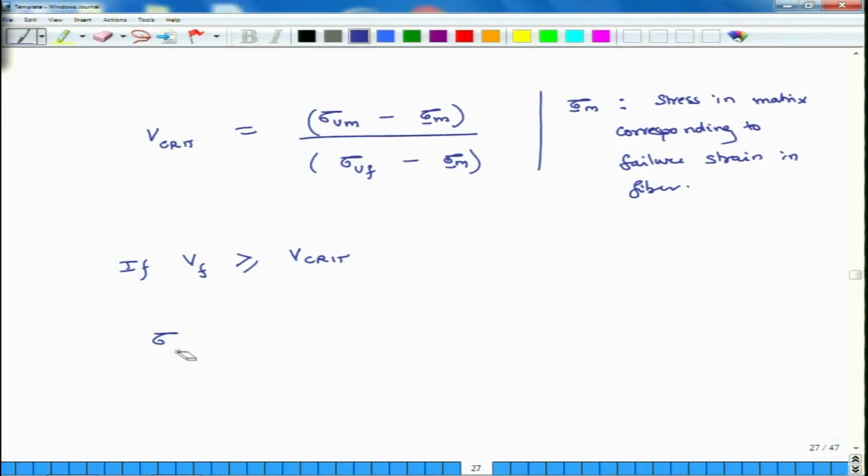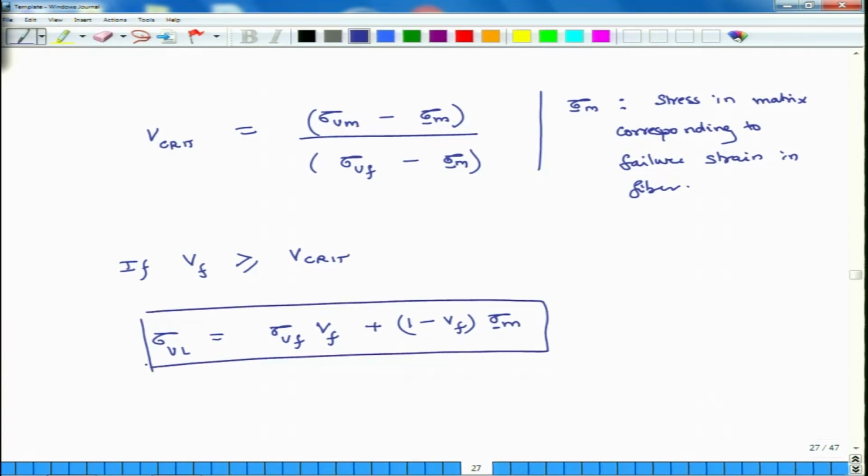Sigma UL is defined as, or can be calculated by, the ultimate tensile strength of fiber times the volume fraction of the fiber plus (1 minus Vf) times sigma m underbar. So, this expression gives us the tensile strength of the composite material if the volume fraction of fiber is more than the critical value.